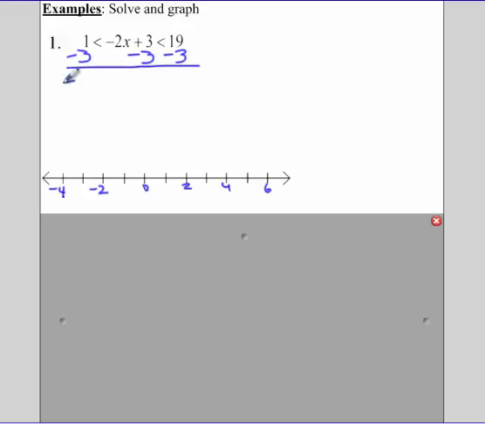One minus 3, negative 2, less than negative 2x less than 16. Next, we divide all parts by negative 2 to isolate the variable x in the middle. Now remember, what happens when we divide by a negative number? The inequality symbols are going to switch direction.